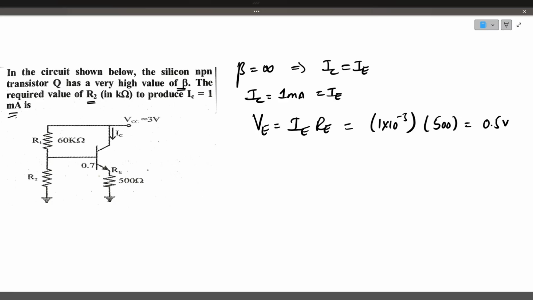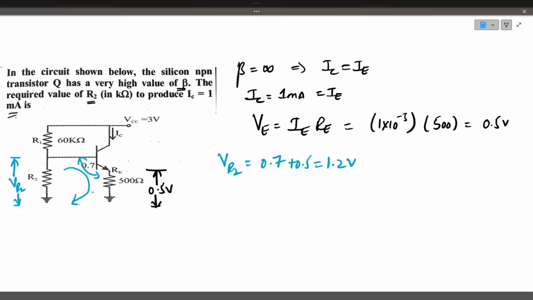So the voltage across emitter resistance is 0.5 volts. If you apply Kirchhoff voltage law in this loop, the voltage across R2, VR2, is nothing but 0.7 volts base to emitter junction voltage plus 0.5, which is equal to 1.2 volts. That is the voltage across R2.